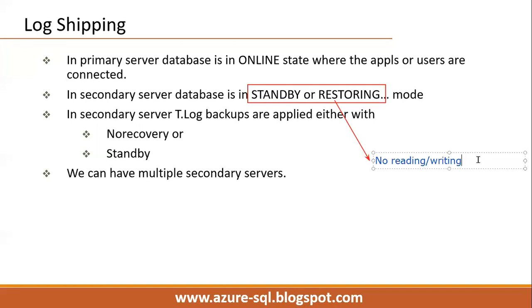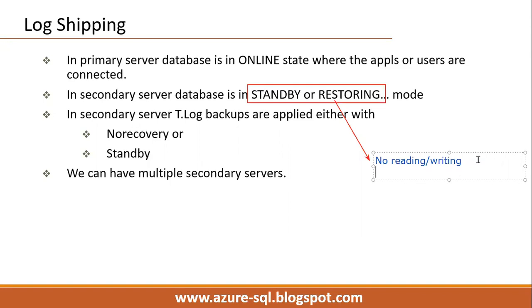But in some cases, for example, my primary server is on the 2014 version, but the secondary server is on the 2016 version. The primary is on the lower version and the secondary on the higher version.